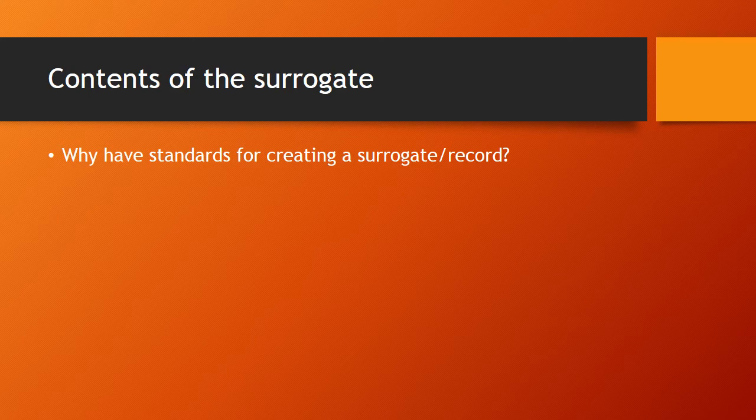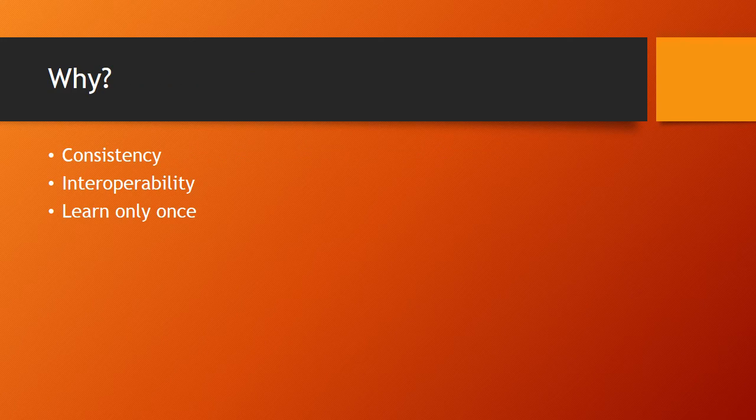So why have these standards for creating a surrogate record? Both the standards for how you enter the information, how you do the description, and the standards for encoding. Why have those standards? Because of consistency, most importantly, interoperability.